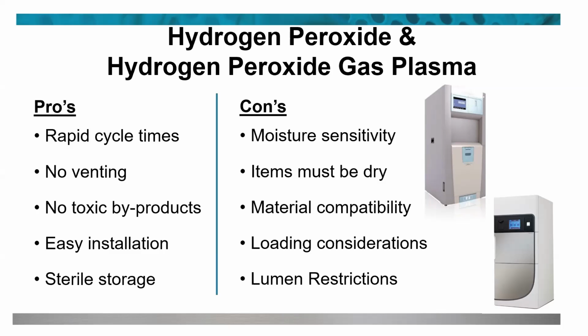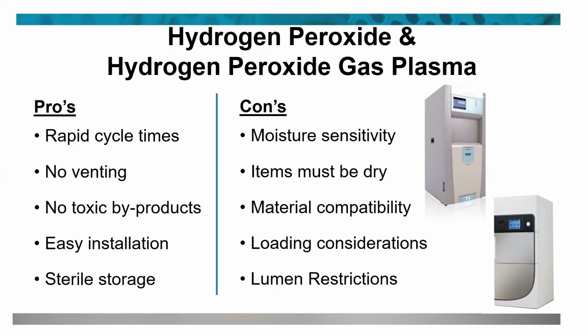What are some cons of this one? Obviously, some of the machines are very sensitive to moisture, so we have to make sure that everything is completely dry. And we want to make sure that we are using the correct kind of packaging materials for hydrogen peroxide.